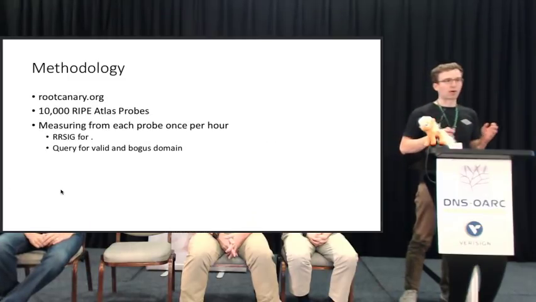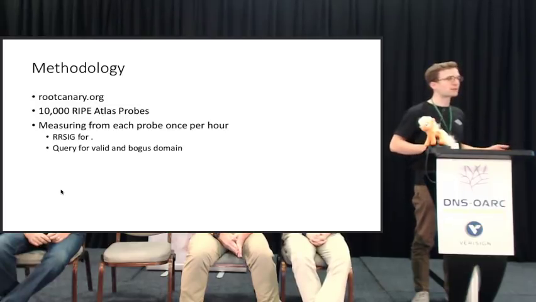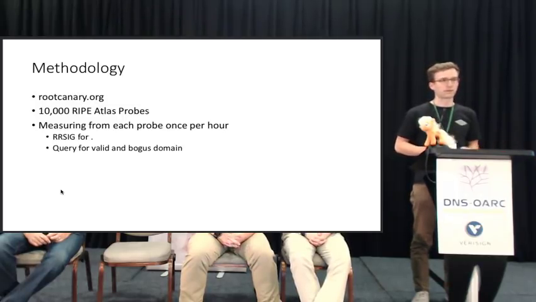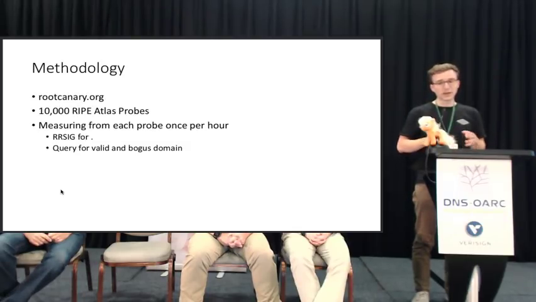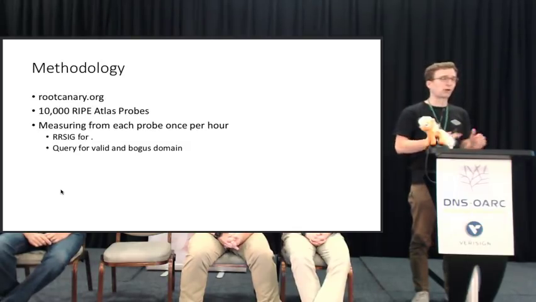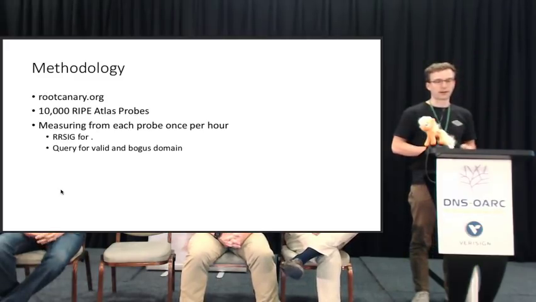So our methodology, at least for this rollover, was we used the RIPE Atlas probes that are out there, which are roughly 10,000 RIPE Atlas probes. For this presentation, I'm going to talk about two measurements, basically. The first measurement is measuring queries for the RRSIG of the root zone. The other two measurements were for one bogus record with a bogus signature and one with a valid signature.